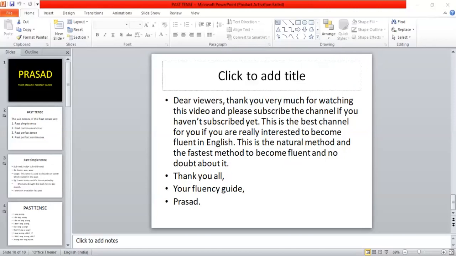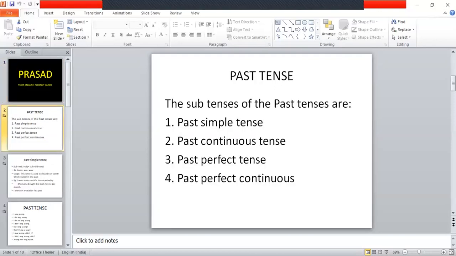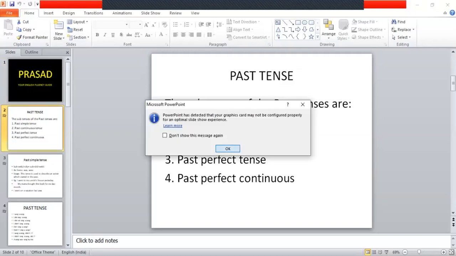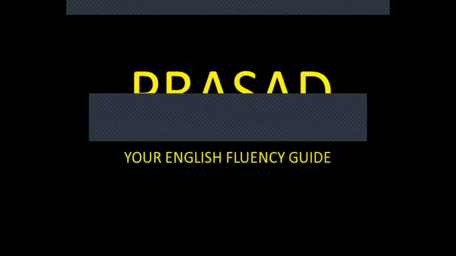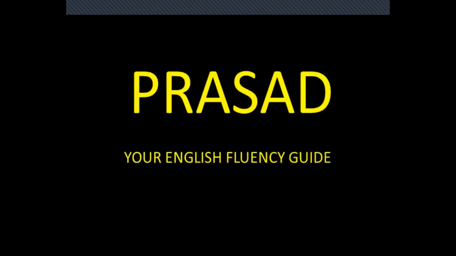Today in this video, I'm going to explain the subtenses of the past tense. Present tense has four forms, past tense has four forms, and future tense has four forms.